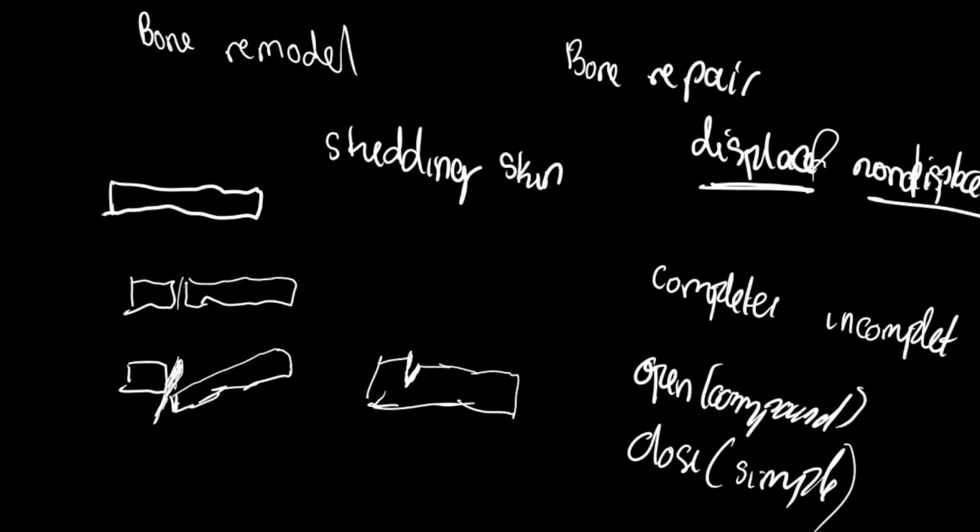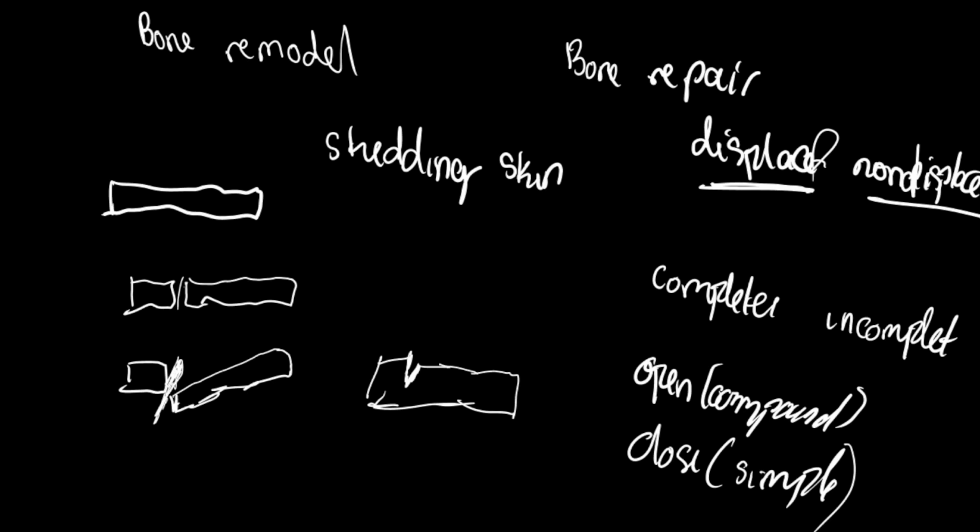You can see the bone through the surface. While for a closed or simple fracture, the bone is broken but it remains under the skin. So you can't see the ends of the bone outside the skin. This is a closed fracture.